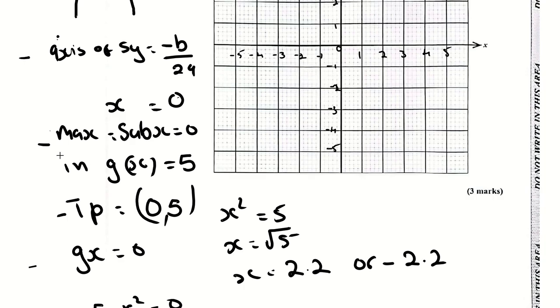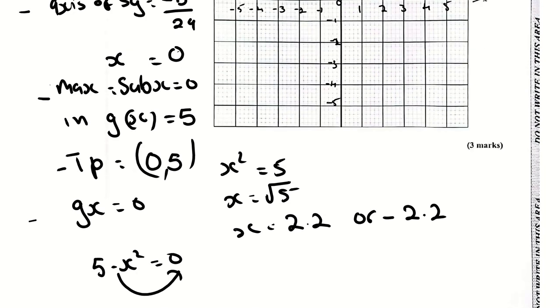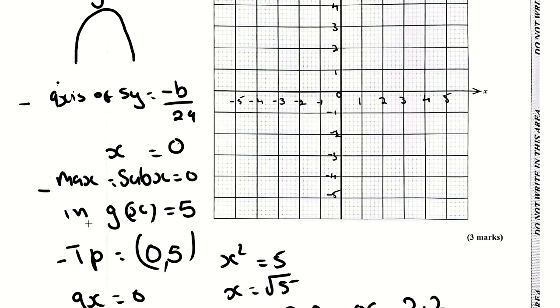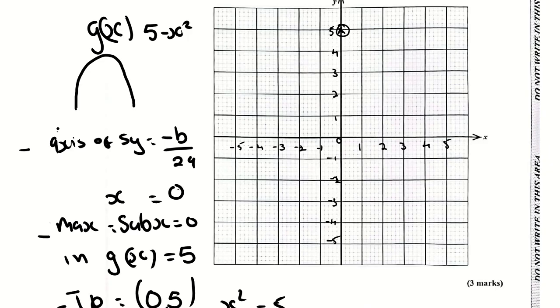My turning point is when x is 0, y is 5. So that's this coordinate right here. Then we know that when y was equal to 0, that is on your x-axis, you got 2.2 and negative 2.2.